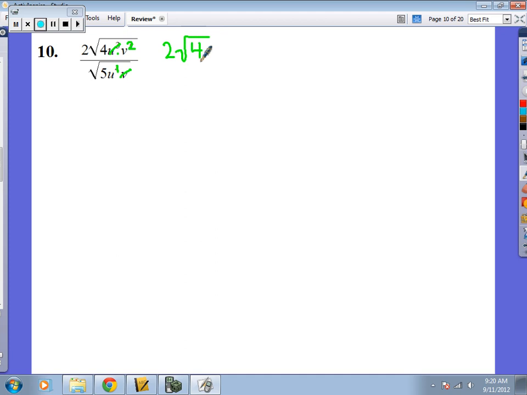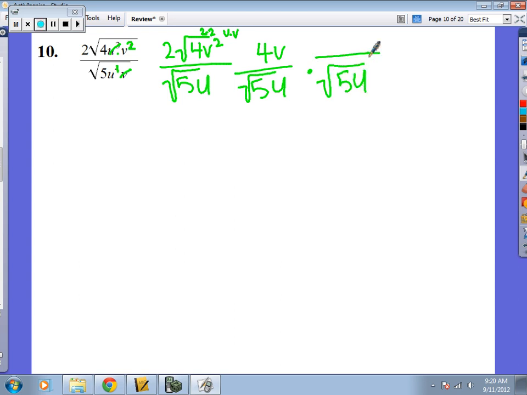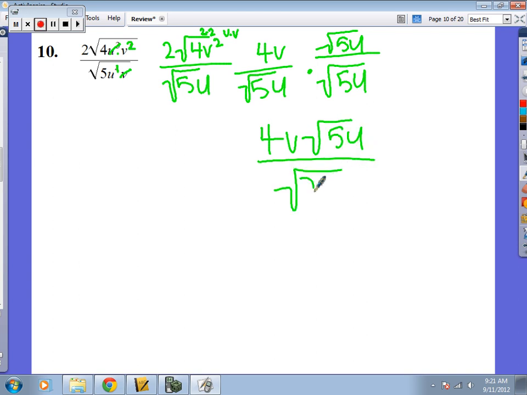So now you have 2 over 4 v squared, and then you can simplify your 4 into 2 times 2, and your v, you have 2 v's, so you can take those out, so you'll have 4v over square root of 5u, and then you have to have a fancy one, so you times it by a 5u over square root of 5u, and you'll get 4v square root of 5u over square root of 25u squared.